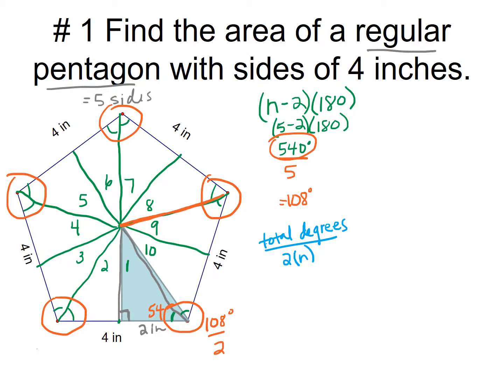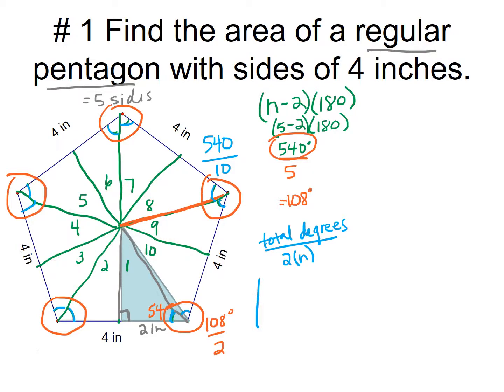Since I had n sides, I had 5 sides, but I have 1, 2, 3, 4, 5, 6, 7, 8, 9, 10 different angles. So that would be 2 times 5. I'm doubling the amount of sides I have. I'm doubling the amount of angles because I'm cutting every angle in half. So again, I'm dividing my total degrees. I'm taking 540 and dividing it by 10. And that's going to give me this little angle in here.